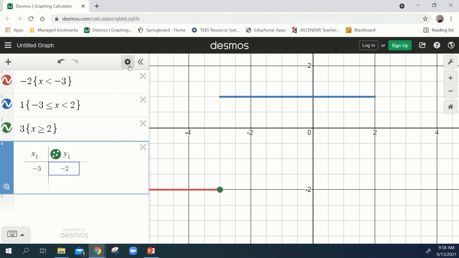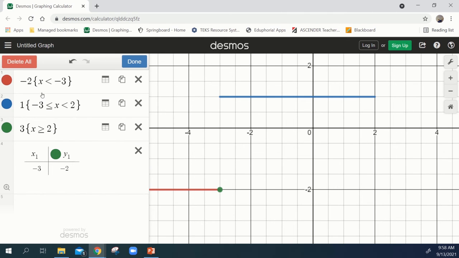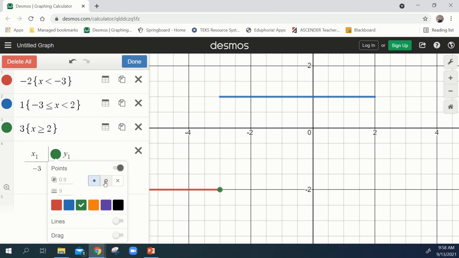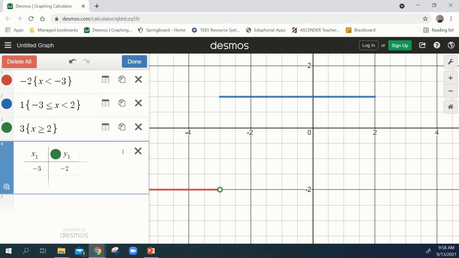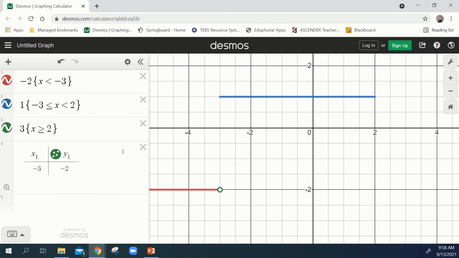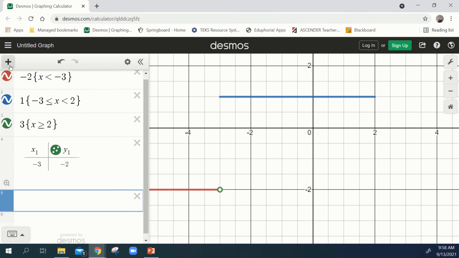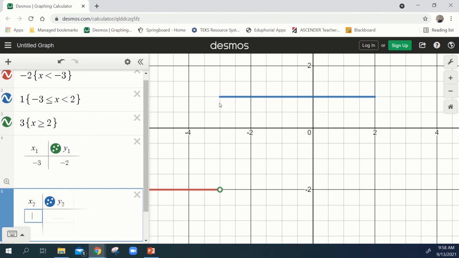So now we have to ask ourselves, should this be an open or closed circle? Well, on our interval, x is less than -3, so we're not going to include this particular point. So it's going to be an open circle. If I put another point here at -3 by 1, at -3 it is equal to 1, so we include -3 with the 1, so we're going to leave that a closed circle.